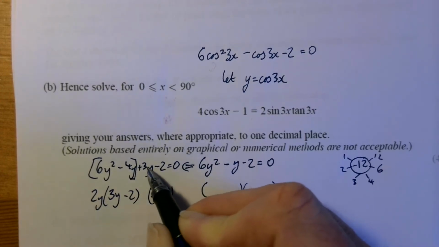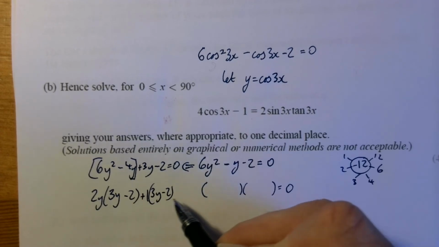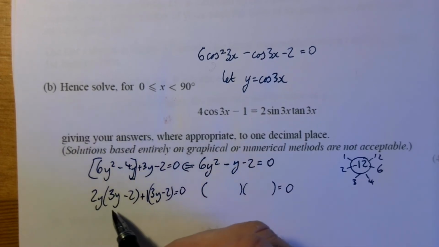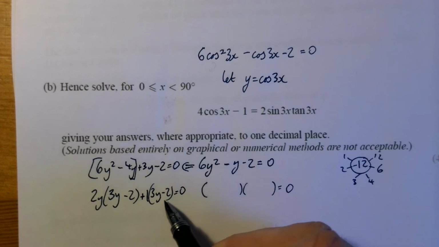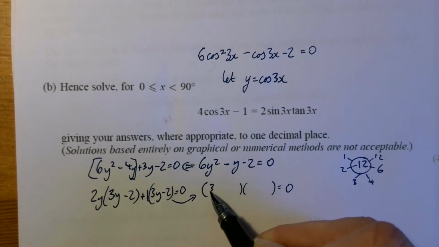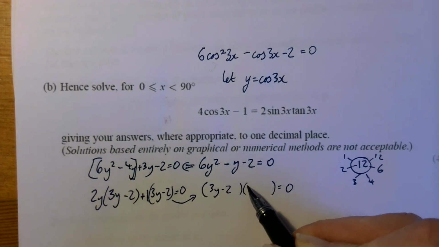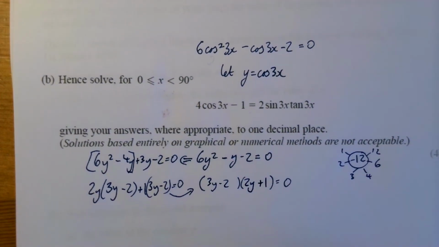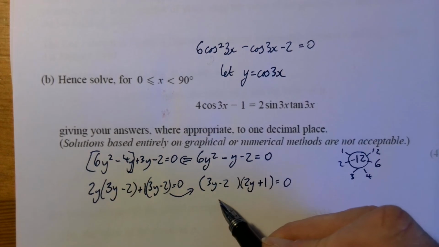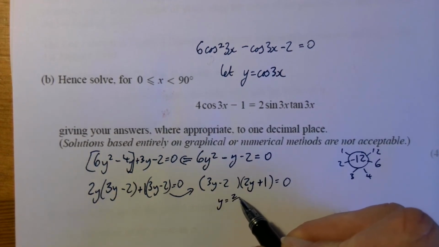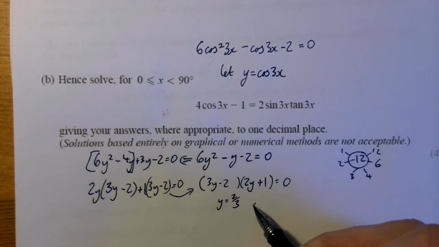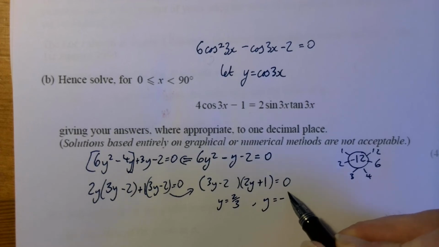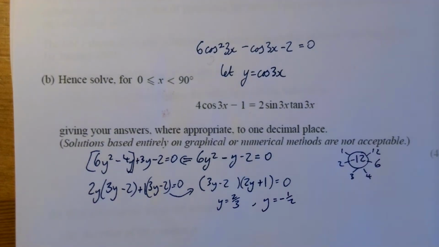What do I times that by to get to that? Oh, just 1, so that'll be plus 1. So what that means is that my factorisation becomes 3y take 2 in the first bracket and 2y plus 1 in the other. So that means that y would equal 2/3 to make that bracket equal 0. Y would equal negative 1/2 for that one.